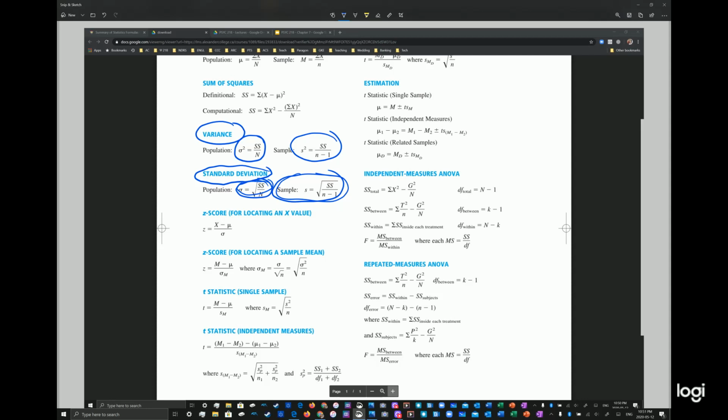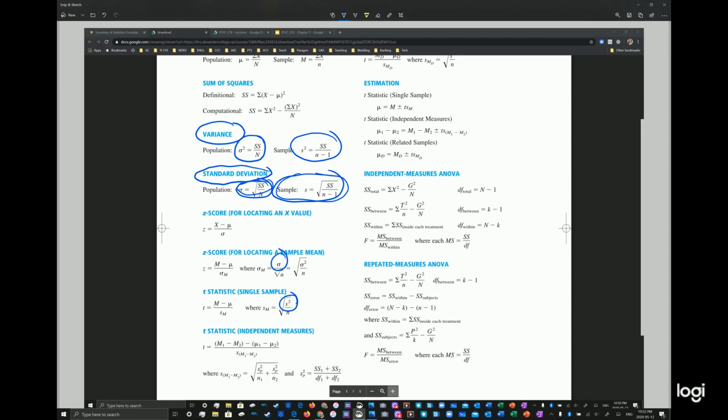Notice here, because we already have calculated the standard deviation, or at least we would be given this information, whether it's the sample standard deviation or the population standard deviation, which in the context of this course is given to us.